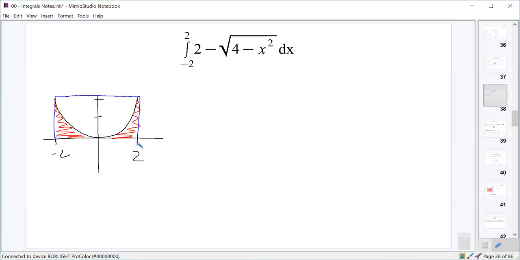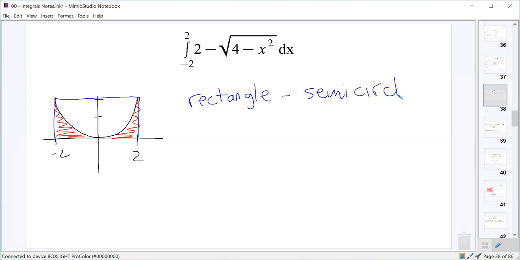Pretend that actually went through at the mark where I made it at 2. That's closer. We had that rectangle that had a width of 4, but we need to then subtract that semicircle to get the area underneath it.